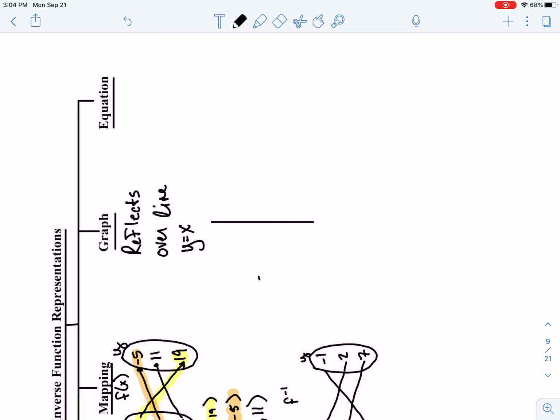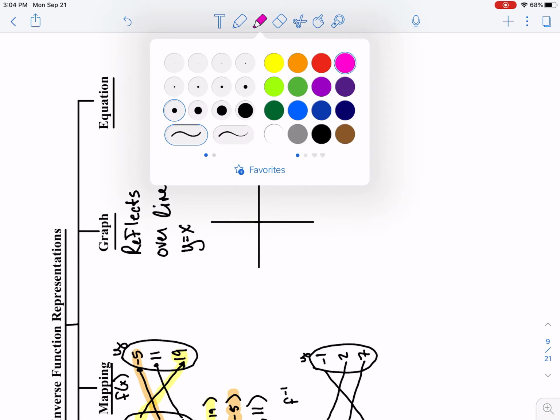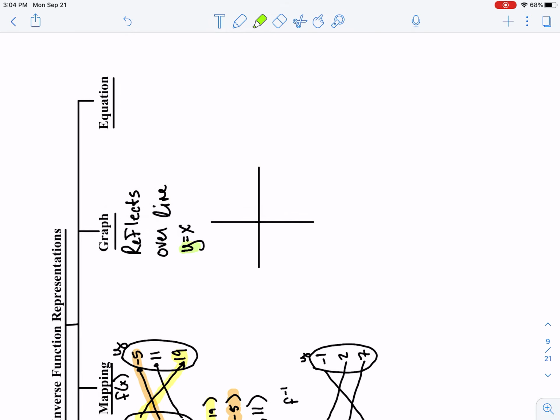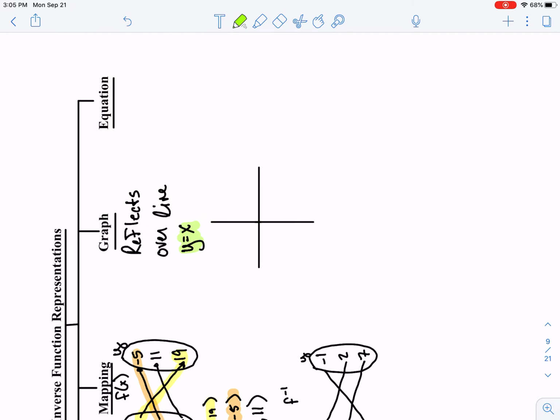So here's my graph. In green, I'm going to rough sketch the line y equals x.